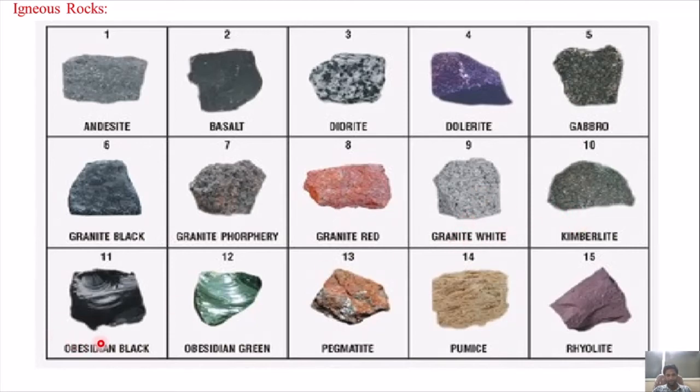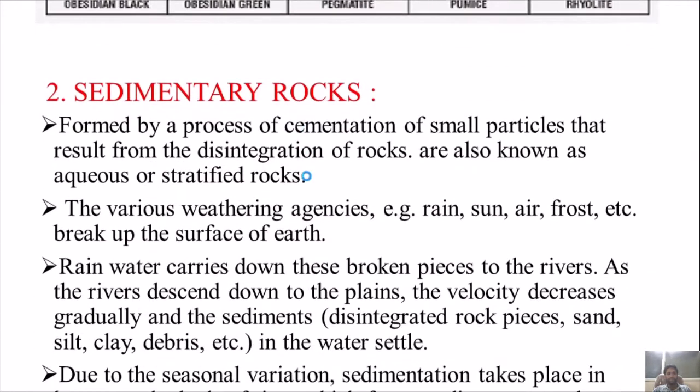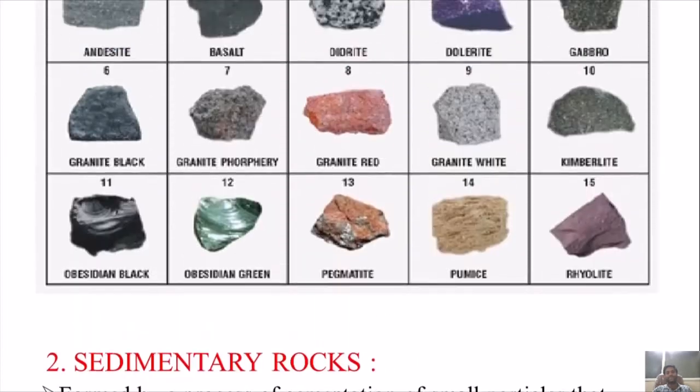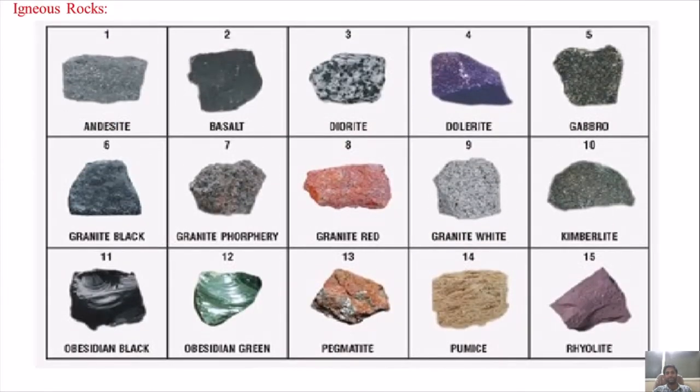Kimberlite, obsidian black. Okay, different green granite is also there. Pegmatite, pumice, rhyolite, etc. These are all igneous rocks with different colors. You can see different colors, different grain sizes, different textures, etc. These are the different types of igneous rocks.